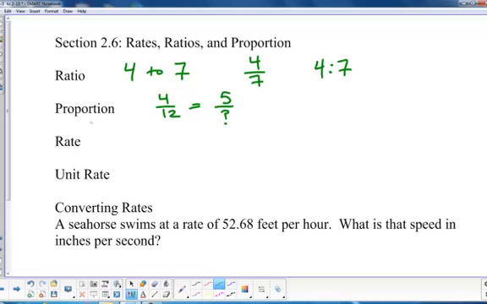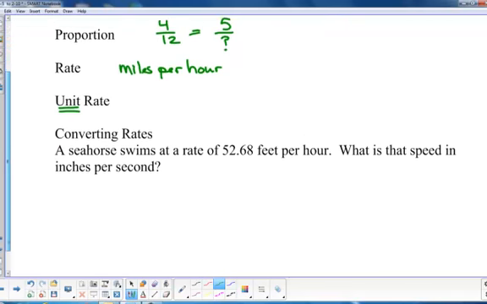That question mark would be an X. A rate is something like miles per hour. And a unit rate would be taking it down to the individual solo unit. So in this whole section, we're going to be converting rates.